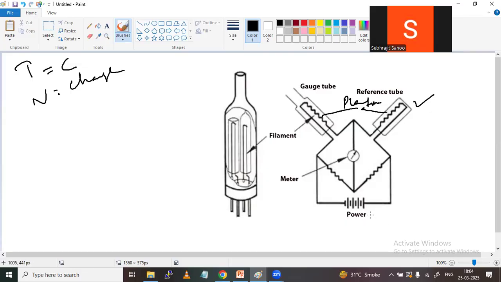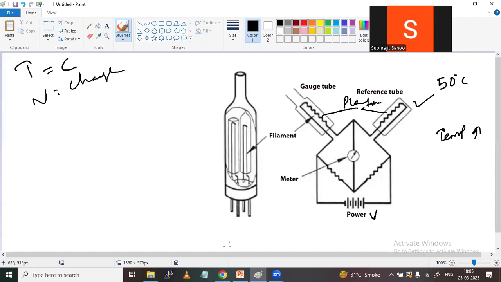Some voltage I have given, and I know that when voltage or current flows in the circuit, the temperature will change. I will fix the temperature of this gauge tube filament and this reference tube filament to 50 degrees, suppose. I'm keeping the temperature fixed here.